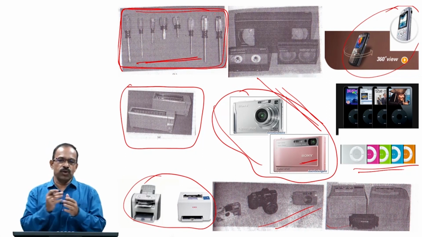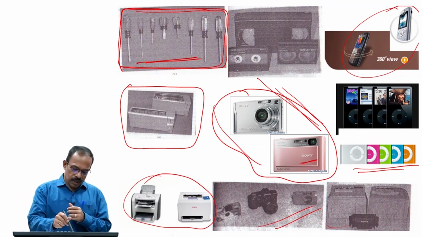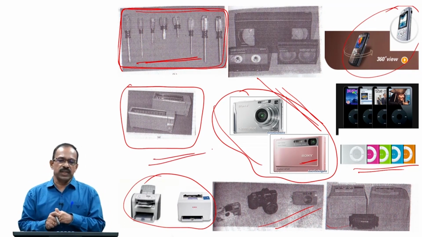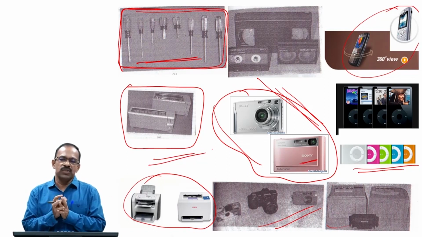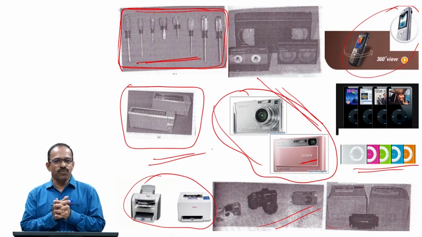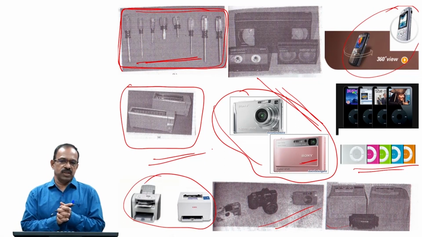So, you will be having that kind of screwdriver sets in the market. So, the point is that any manufacturer who wants to enter into a product domain, say a consumer product, needs to see what the customers are looking for and then how to bring multiple products into the market and satisfy the customer requirements.